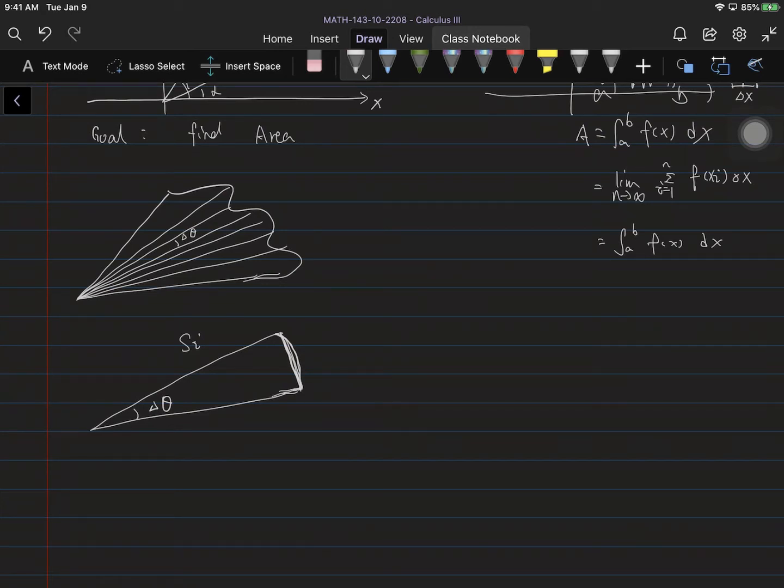And then right now we get a triangle. Is that right? So what's the area of this triangle? For the triangle, we know that it is 1/2 the base times the height.